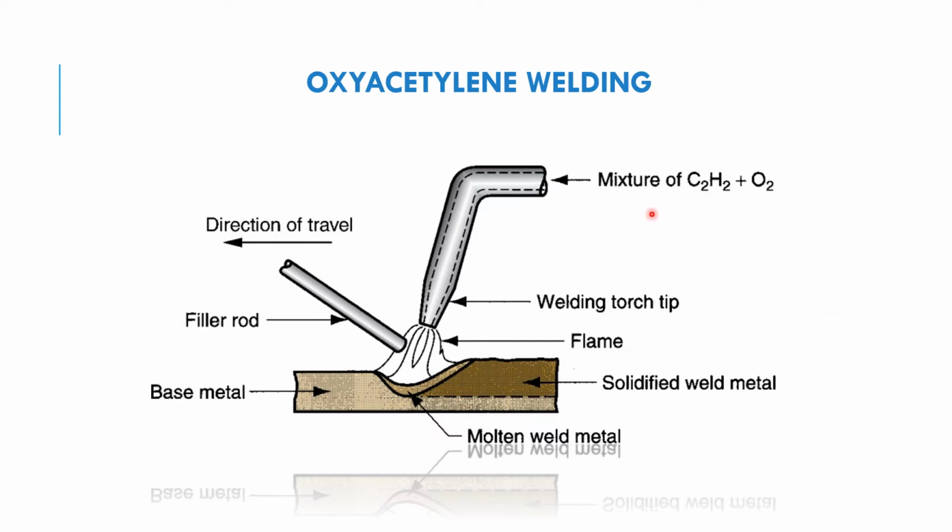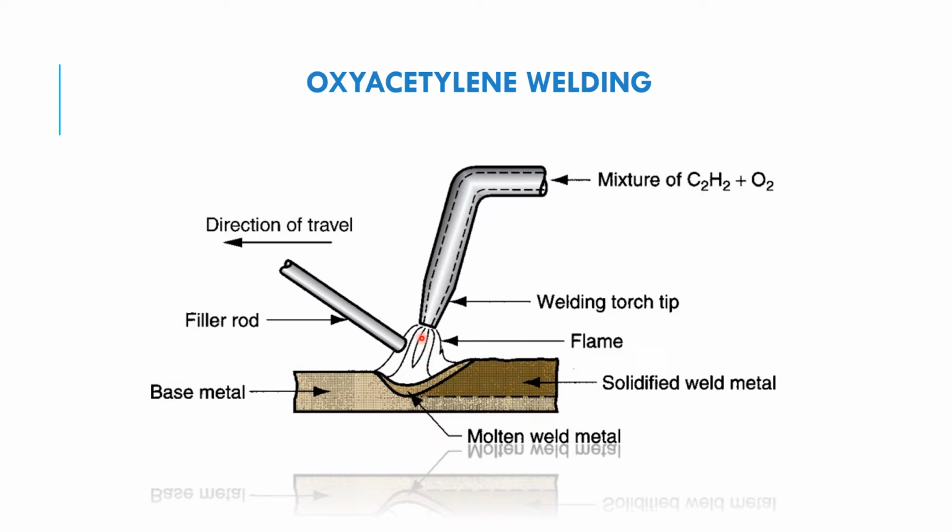If you can see here, there will be a torch over here. In this torch, there will be a mixture of acetylene gas and oxygen coming in, and then there will be combustion over here, and usually the filler rod will be together with this process.